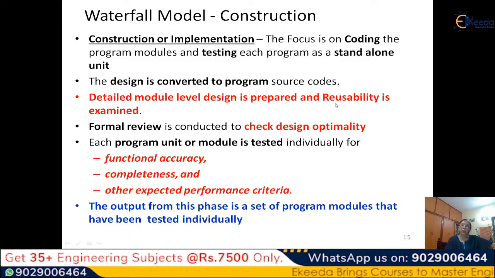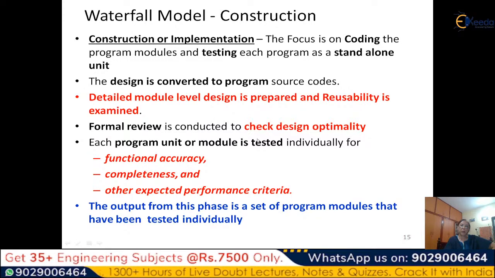You can create your modules in a reusable manner so that they can be put in a different place also. And you have to also check the design optimality, so that your code will be optimally produced. If you make an optimal design and optimal code, it will be efficient when it runs.